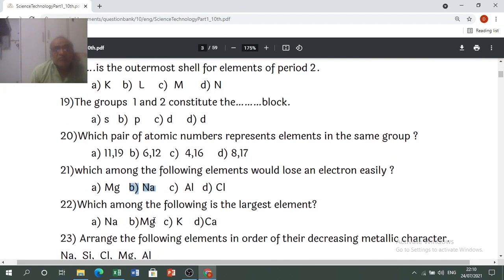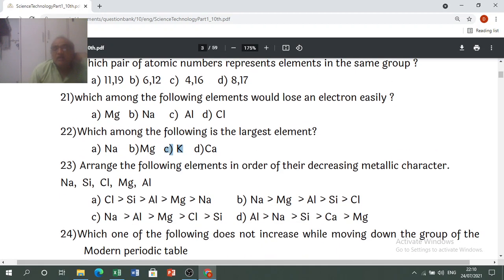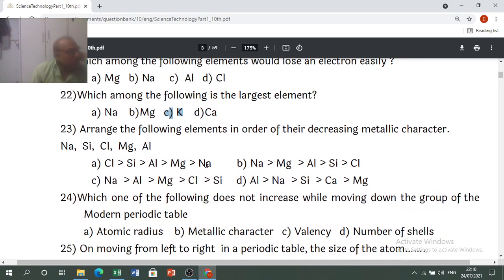Therefore, option is B. Which among the following is the largest element? You know the potassium is the largest element. K. Arrange the following element in order to their decreasing metallic character: sodium, silicon, chlorine, magnesium, aluminum.